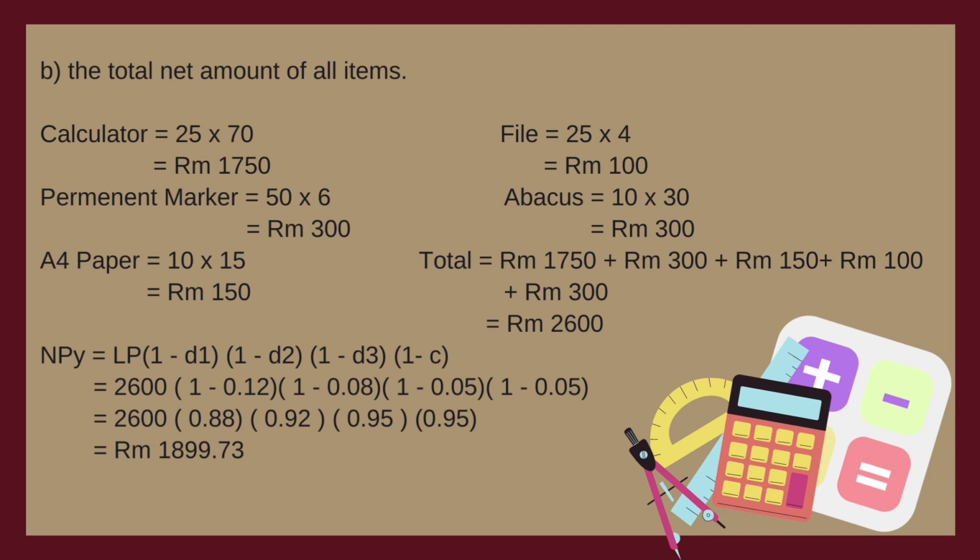In order to answer the question, as we did in 2A, we need to list out the information and substitute the information into the formula. Then, we solve the equation. So, here is the final answer, RM 1899.73.